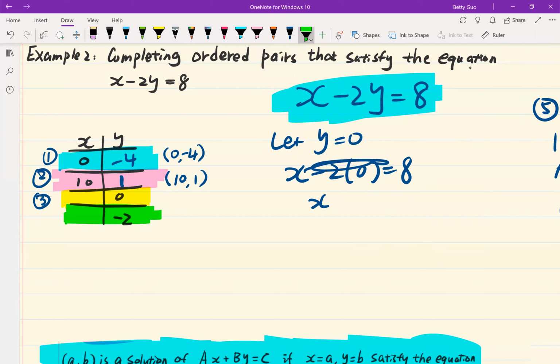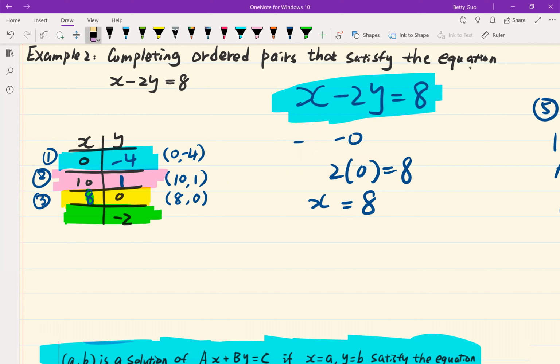Negative 2 times 0 is 0, right? So we have x equals 8. And we got another solution. X is 8, y is 0. The first component is always the x coordinate. The second component is always the y value.